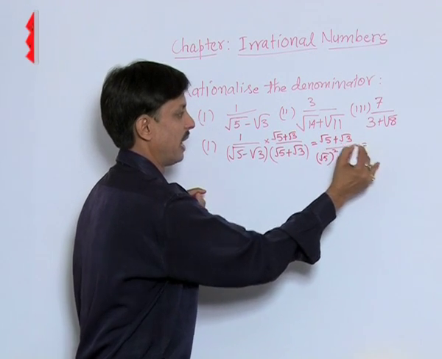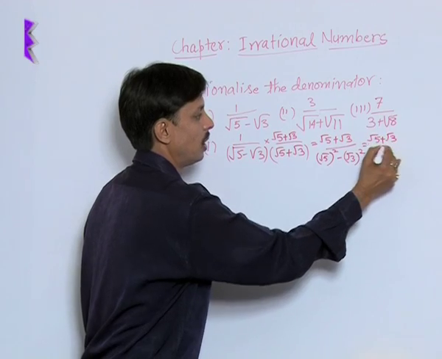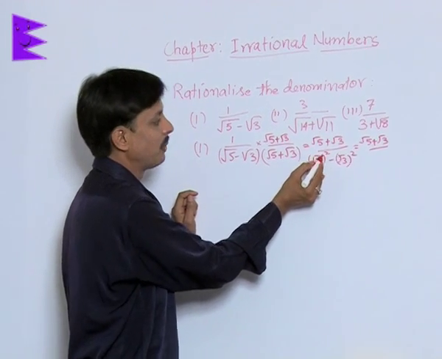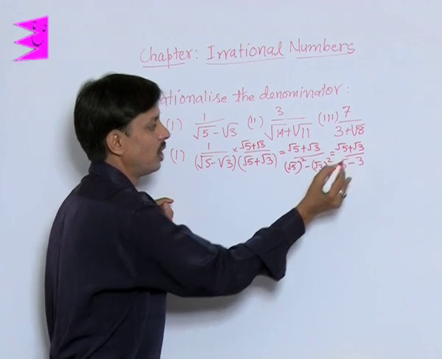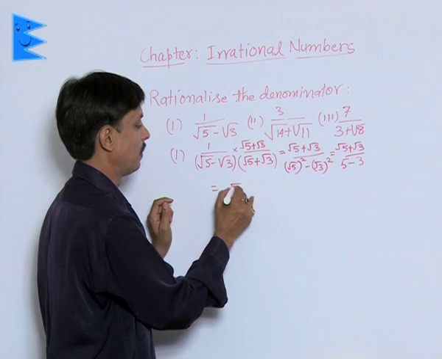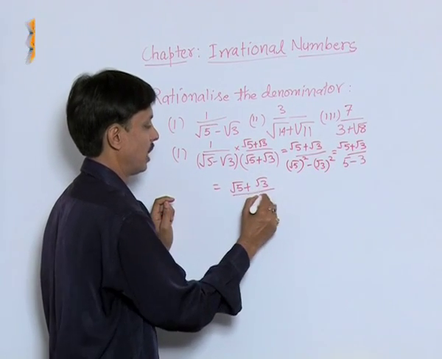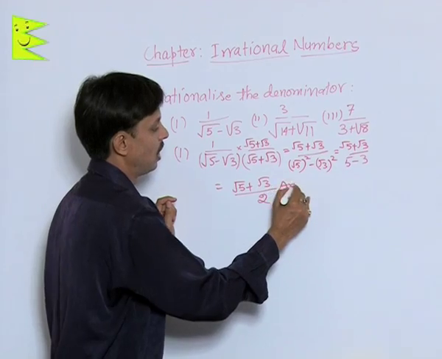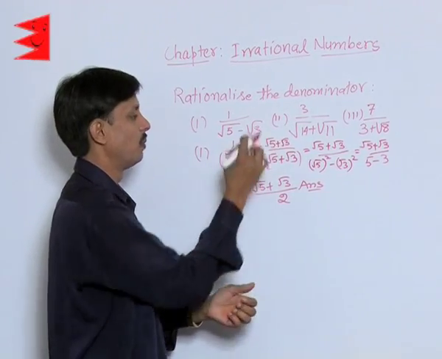Root 5's whole square is 5, and root 3's whole square is 3. So the answer comes as root 5 plus root 3 upon 5 minus 3, that is 2. This is the answer of the first part.